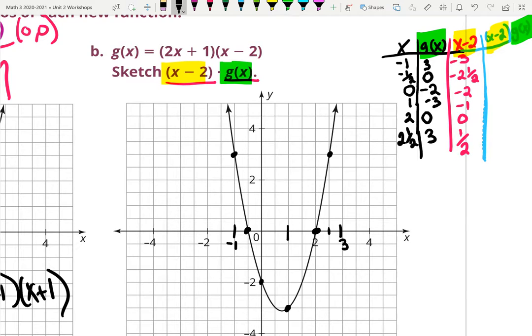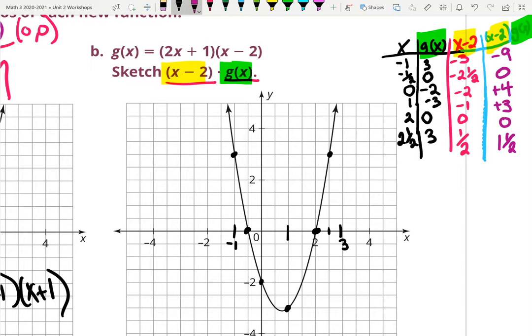So what is 3 times -3? -9. 0 times anything? 0. -2 times -2 is a +4. Then 1, 3, 0. 3 times a half. Ask yourself, what is half of 3? 1.50.